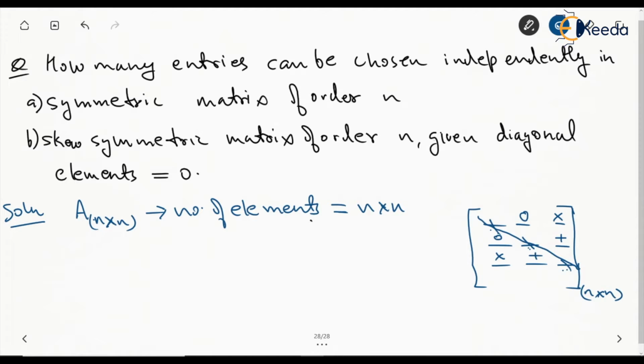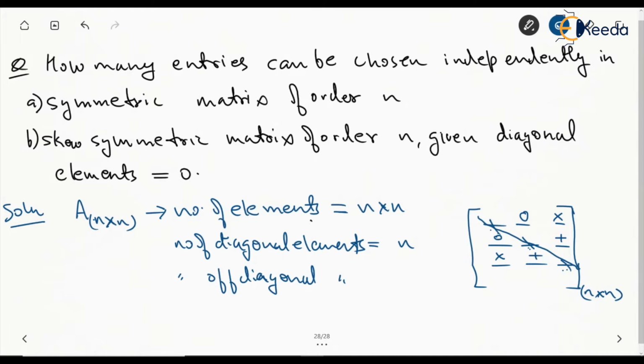So overall we have n cross n elements, number of diagonal elements equal to n, number of off diagonal elements n cross n minus n, and we have to choose only half of it, right?